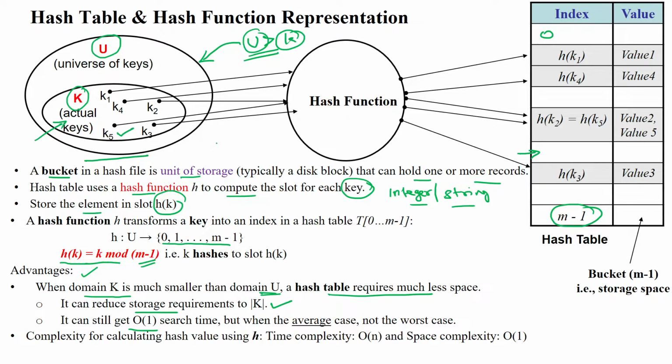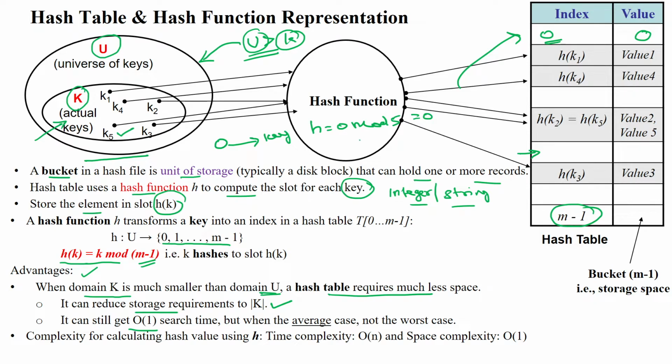Suppose I want to store the value 0. This acts as an input key. Then I will apply h equal to 0 mod the table size. For example, if I am using a table size of 5, then 0 mod 5 will be 0. So at index 0, I will store the value 0.